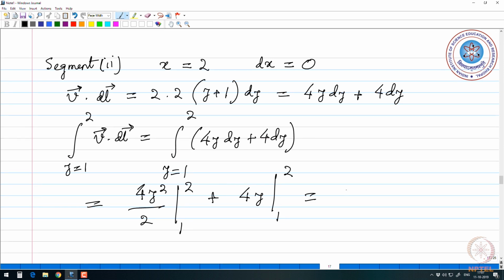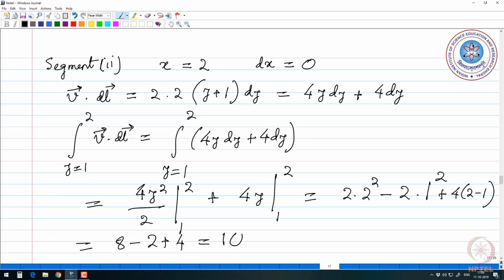This is equal to 2 times 2 squared minus 2 times 1 squared plus 4 times 2 minus 1, and this is 8 minus 2 plus 4 equals 10.